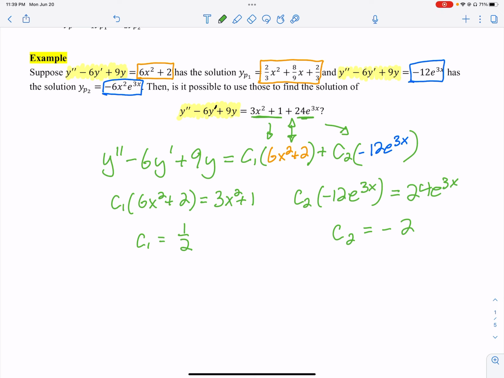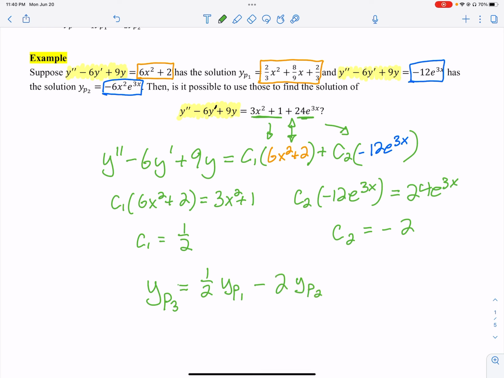What this tells me now is I have a y sub p, we'll call that my particular solution, not the 1 and 2, but this new one. I guess I could call it 3. Let's do 3. Y sub p sub 3 is 1/2, because that was C1, times y sub p sub 1, minus 2 times y sub p sub 2.